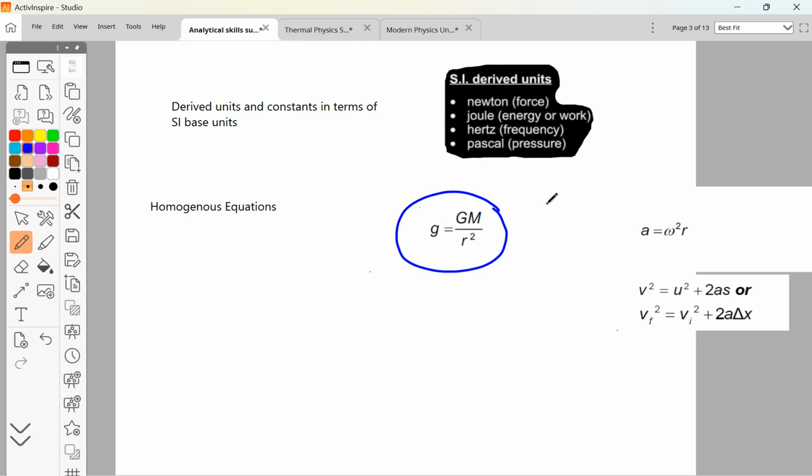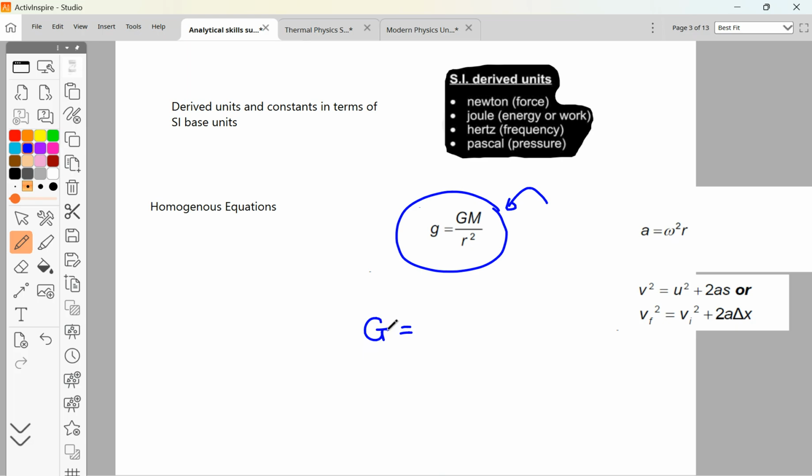So if they say derive the base units for G, for instance, then please start from base principles. Don't just shove values in there. Show them that you know what you are doing. So you're going to write that equation then with G as the subject of the equation. Show the steps. You'll see in the front of the paper it says final answers don't necessarily get full marks, because here it wouldn't, because you're not showing that you know what base units are if you just write the answer down.